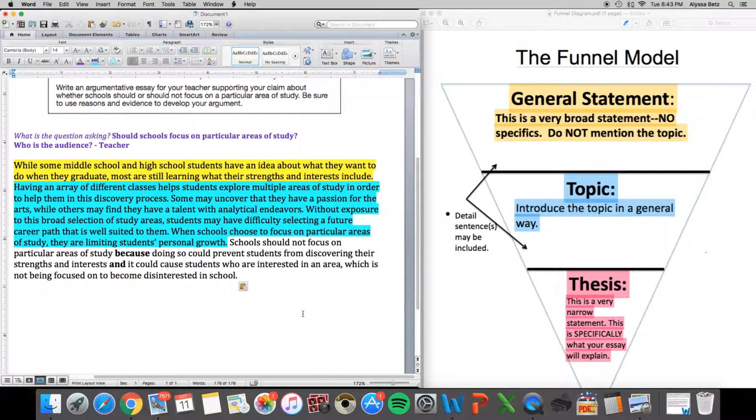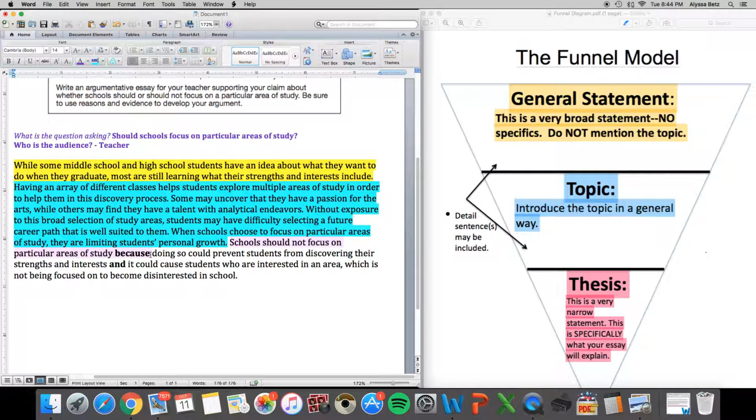And I put, schools should not focus on particular areas of study. That is me stating my opinion, and that's how you start a thesis statement. You start by specifically stating your side of the argument. So schools should not focus on particular areas of study because now I'm going to list my 2 reasons that support this side of the argument.